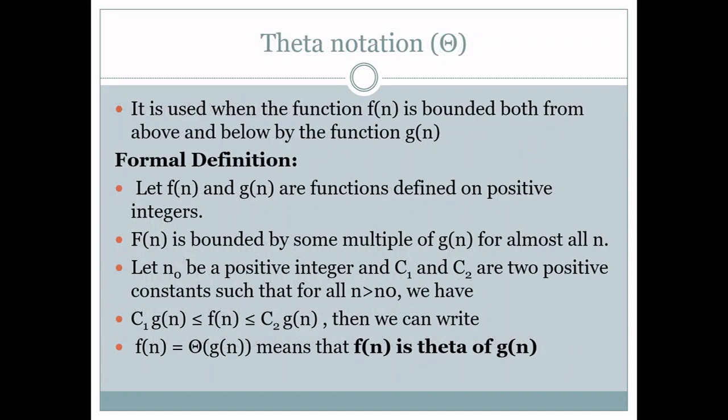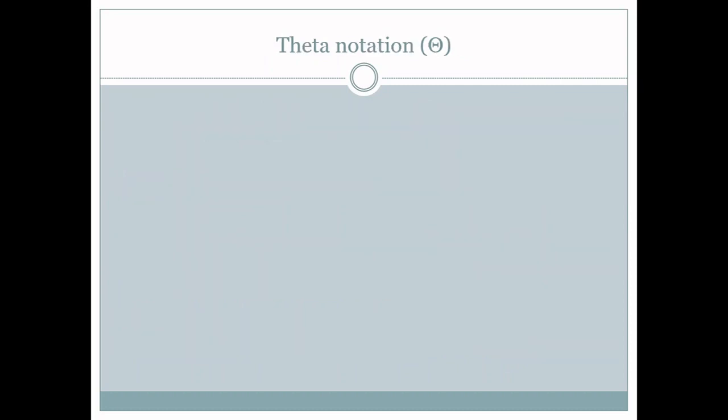And theta notation uses the upper bound as well as the lower bound. So, if C1 and C2 are two positive constants, then f of n will be between C1 g of n and C2 g of n. In that case, we can say f of n equal to theta of g of n.